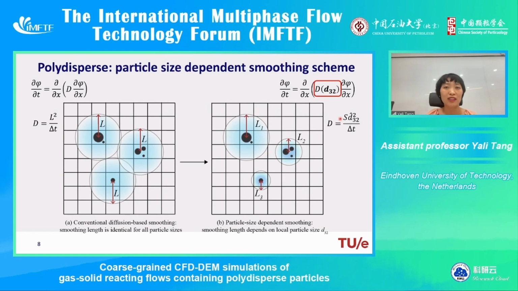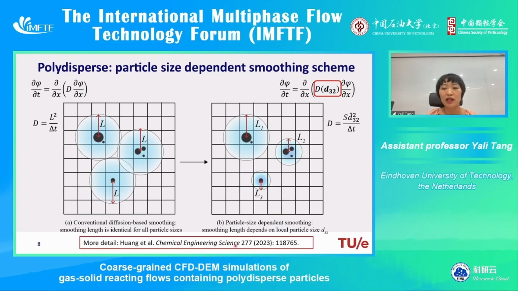I will not give the details. I will refer to our publication in Chemical Engineering Science, where you can find more details about the implementation of this so-called particle size dependent smoothing scheme, and how, for instance, to first smooth the diameter and then determine the diffusivity, etc.